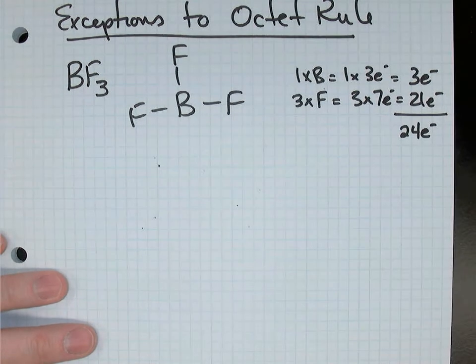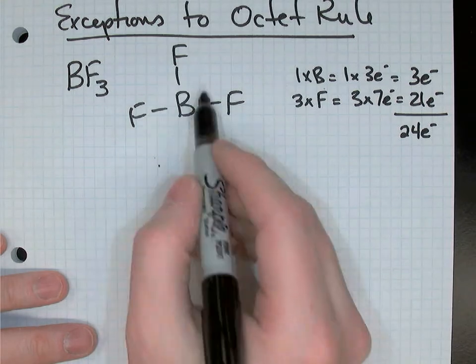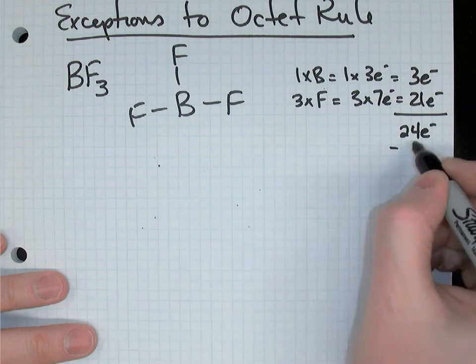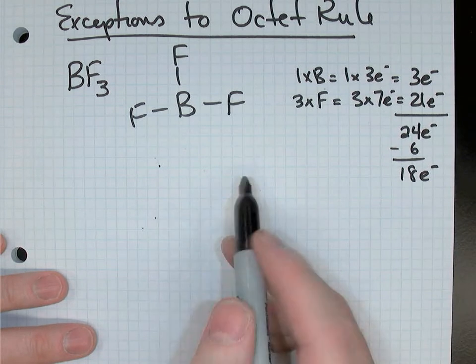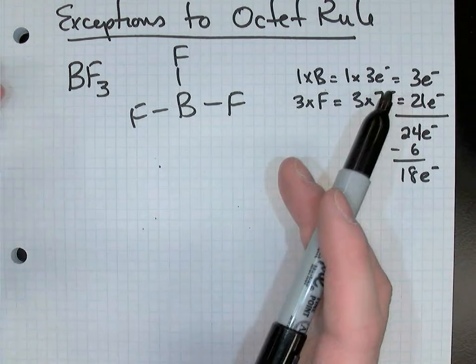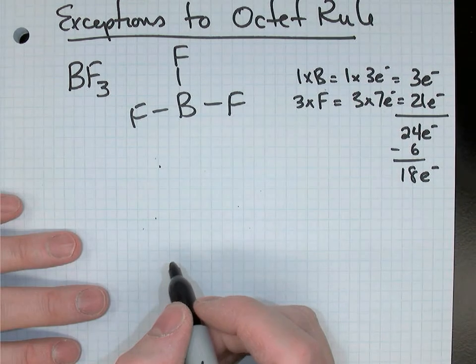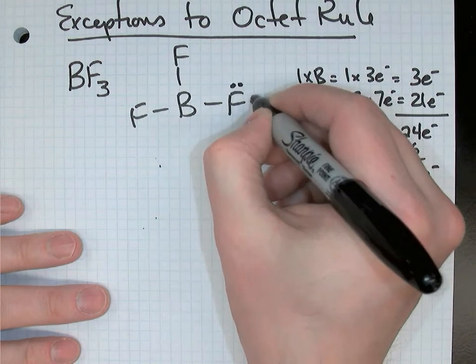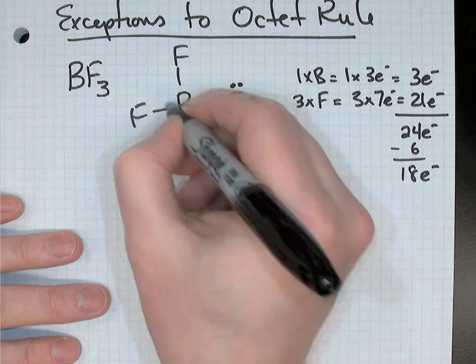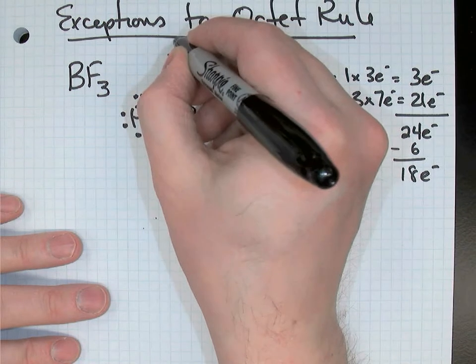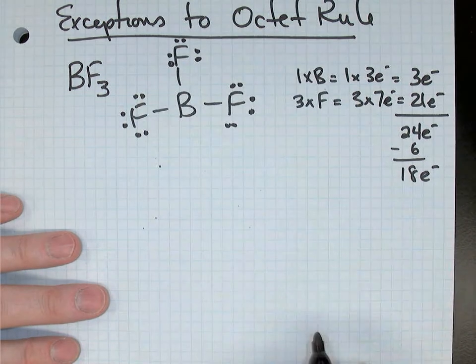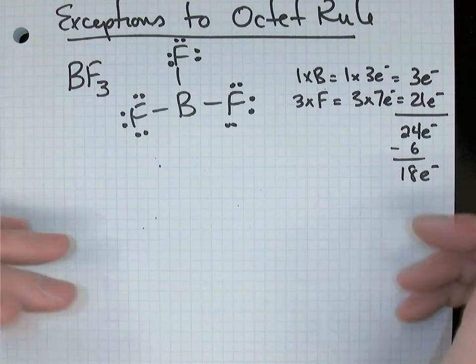We've already used up 6, 2, 4, 6, so we have 18 electrons left. Notice that each fluorine needs 6 electrons to get their octet. So if we start by putting 6 electrons around each fluorine in pairs, these are all lone pairs, we would use up the 18 electrons, and we wouldn't be left with anything for boron.